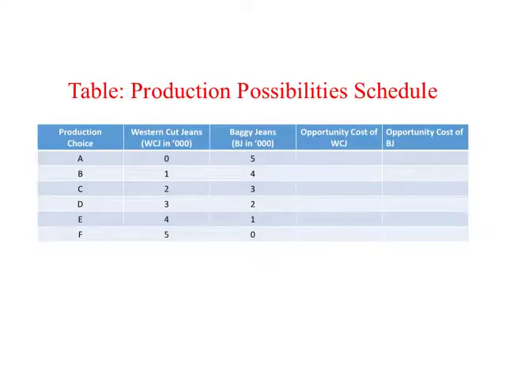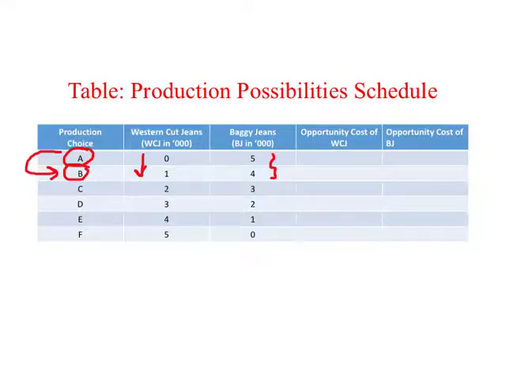Suppose the firm is sitting at a point like A and decides to move to a point like B, that is, it increases production of Western cut jeans by 1 unit. How many baggy jeans does it give up? It gives up 1,000 units of baggy jeans.